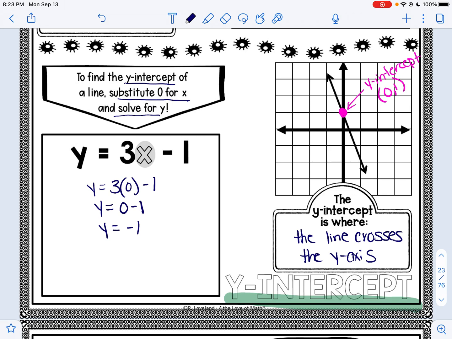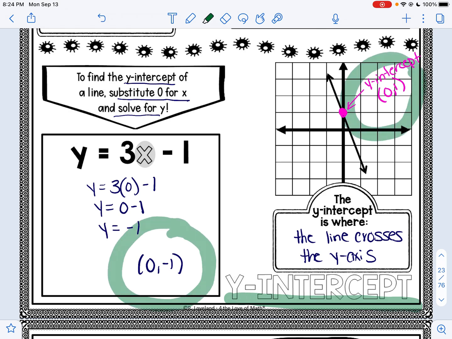So the line is going to cross the y-axis at the point (0, -1). Now if you notice, for our y-intercept on the graph and our y-intercept algebraically, both x values were 0. So when we're finding our y-intercept, x always equals 0.